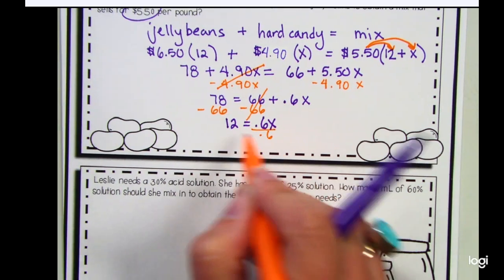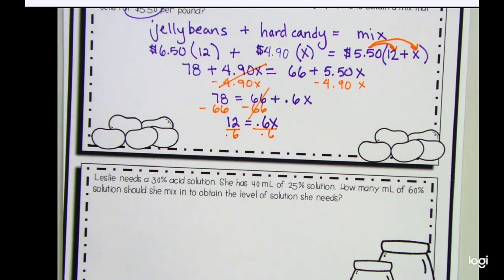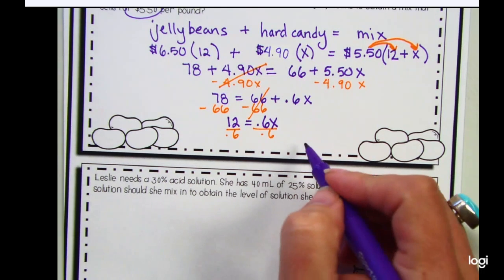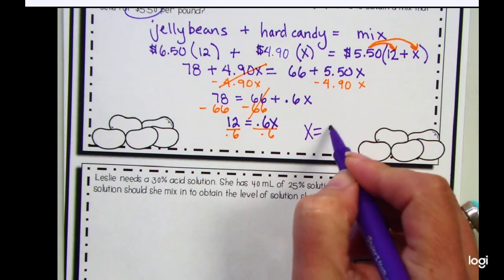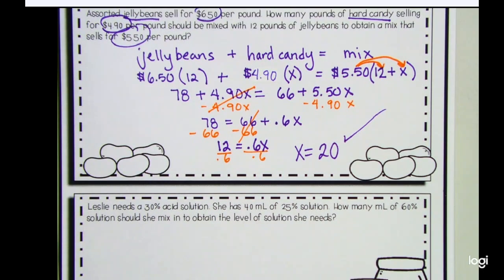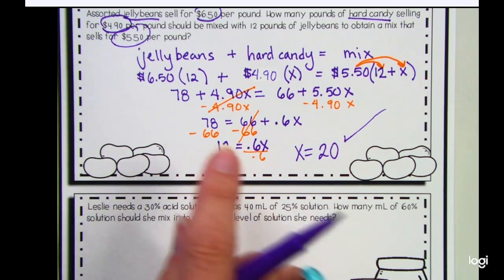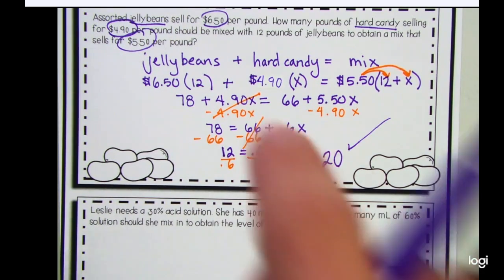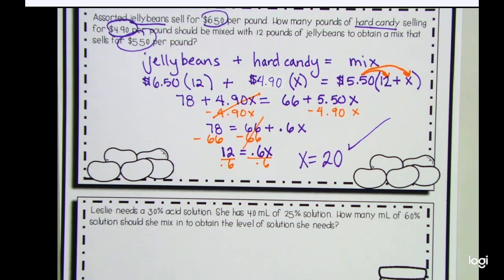Divide by 0.6, perfect. So by getting 20, what did I answer? What does 20 even mean in this story problem? How many pounds of our candy? Wasn't so bad, was it?